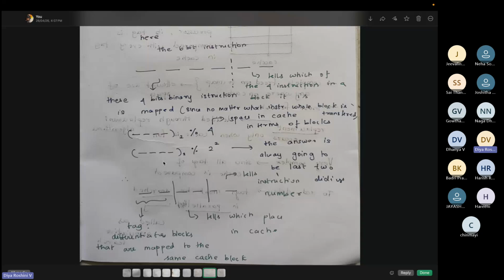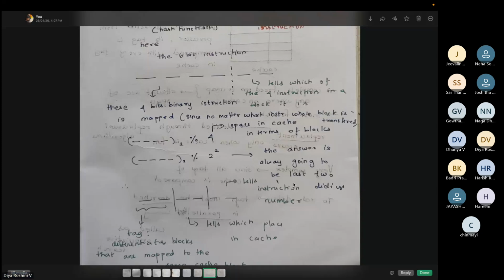It happens every time. However many bits your binary has, if the second operand in the mod is a power of 2, the last power bits of the binary are going to be your answer. If the power is 2, the last 2 bits. If the power is 3, the last 3 bits. That's going to be your answer of the mod.